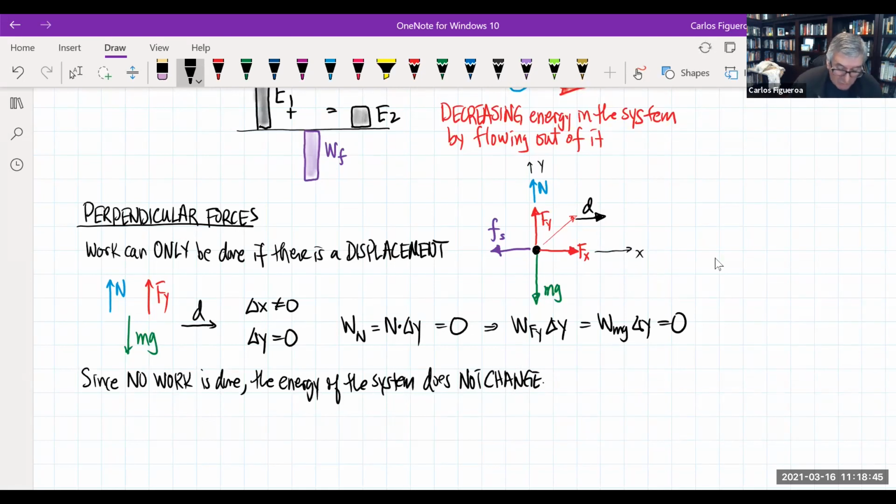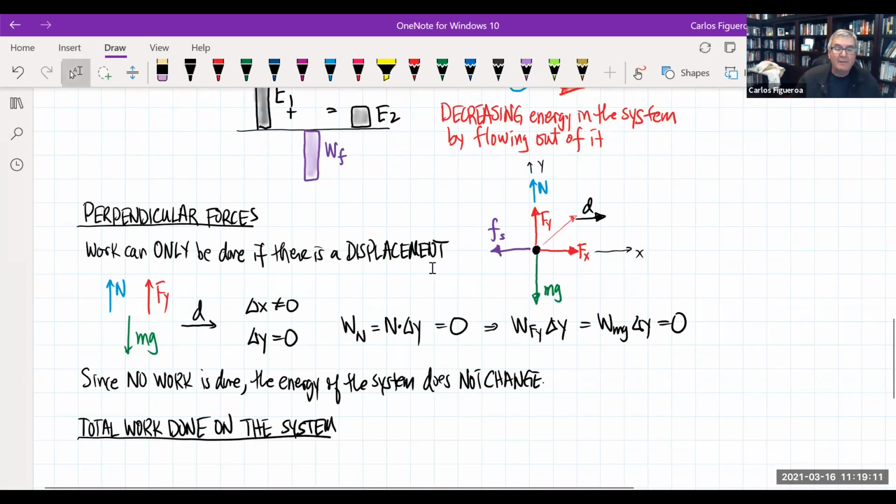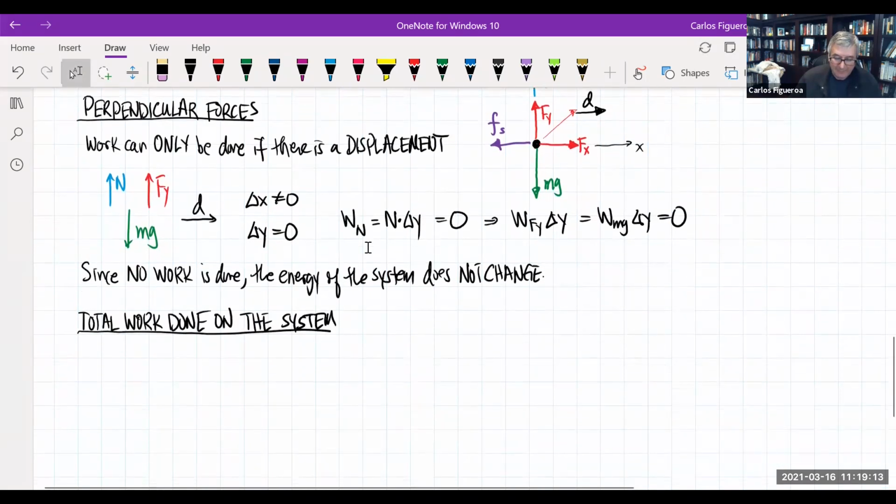So we've talked about parallel forces, anti-parallel forces, perpendicular forces. Now we want to talk about the total work done on the system. So let's go look at this right here. When I look at this, what am I really seeing here?